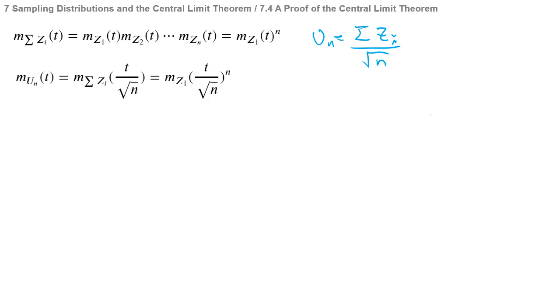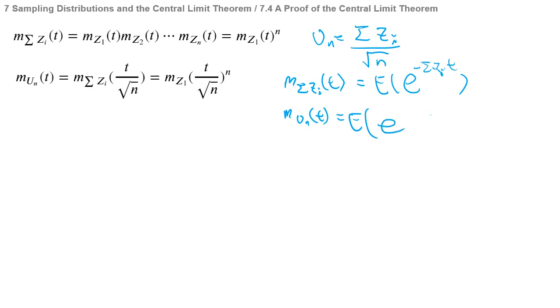And so the moment generating function of the sum of Zi is the expected value of e to the power of (sum of Zi times t), and the moment generating function for Un(t) is the expected value of e to the power of (sum of Zi divided by square root of n, times t).